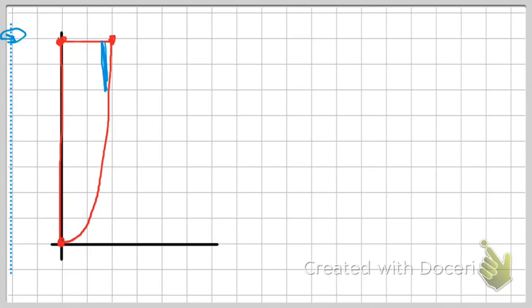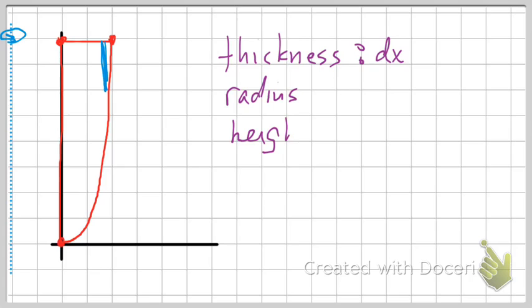Picture it. Whereas a horizontal slice would have made washers. Right? Thickness here? dx. Radius and height then?